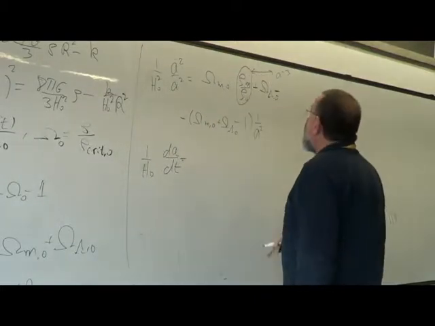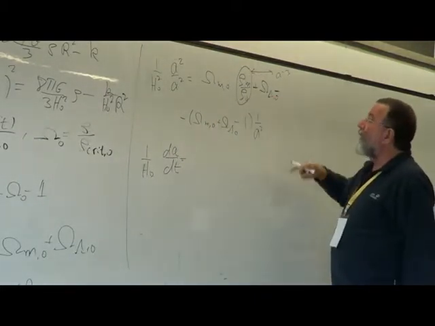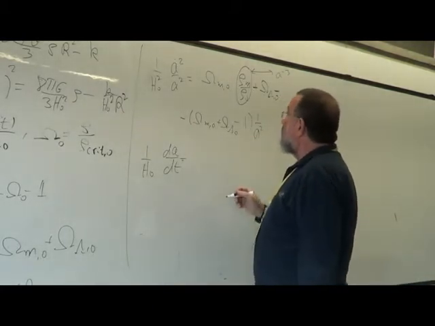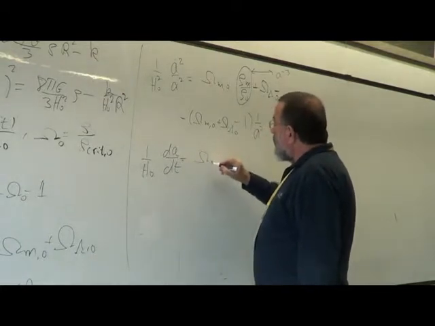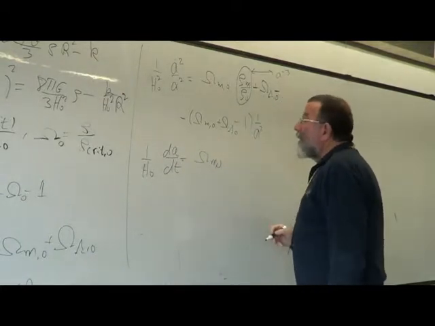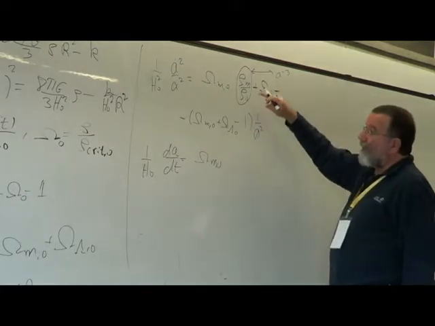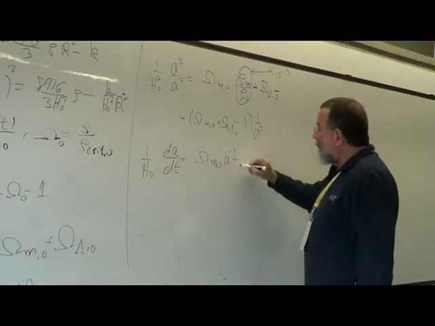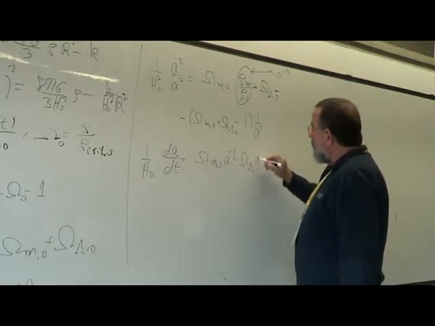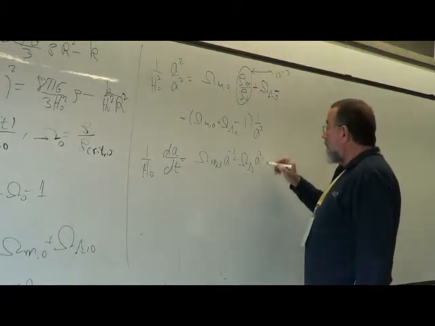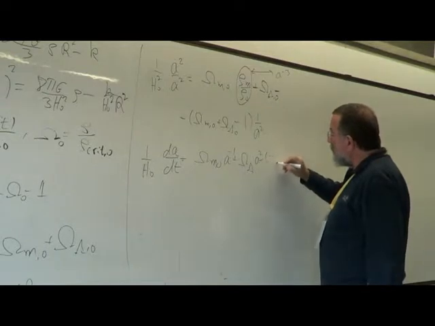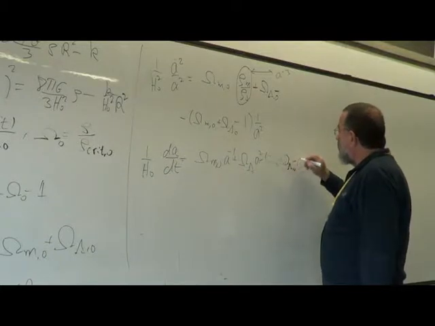I have an a squared here, and I have to multiply it by whatever I have on the right hand side. So it's Ω matter naught, a to the minus 3 times a squared, so it's a to the minus 1, plus Ω lambda a squared, minus Ω matter naught plus Ω lambda naught minus 1.